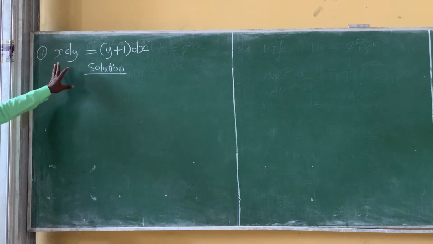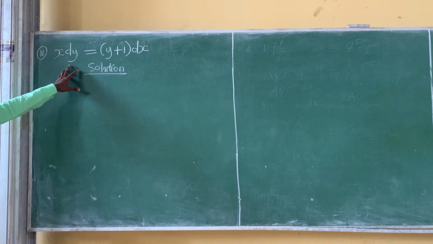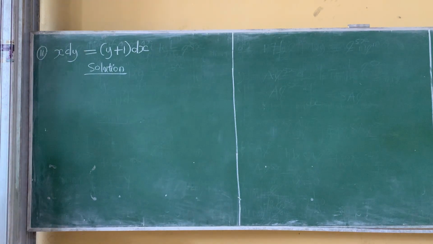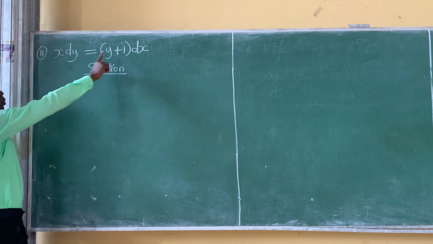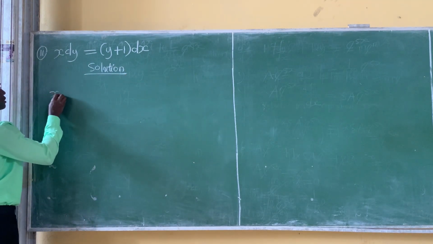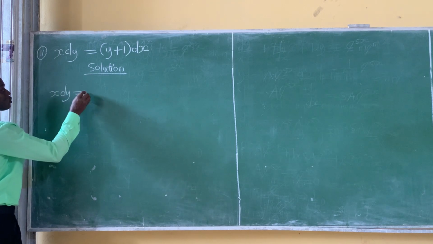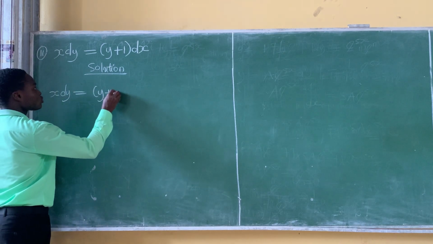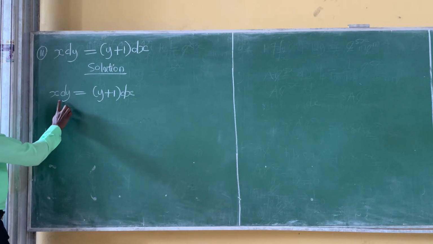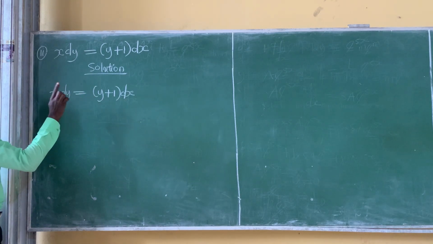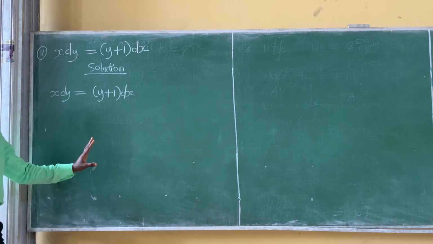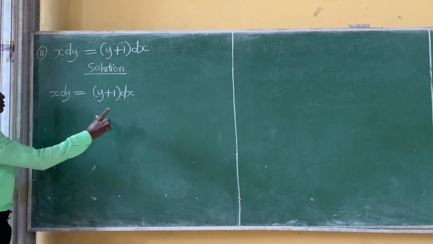Now we need to know that this differential equation is a first order differential equation, because we just have dy dx, not the square of y over the square of x. So we are going to be applying the variable separable method.